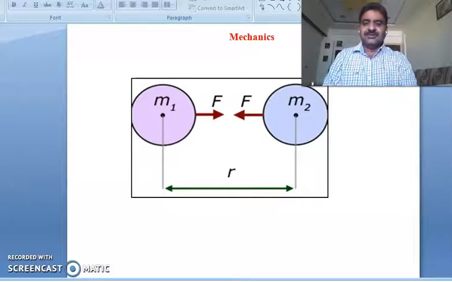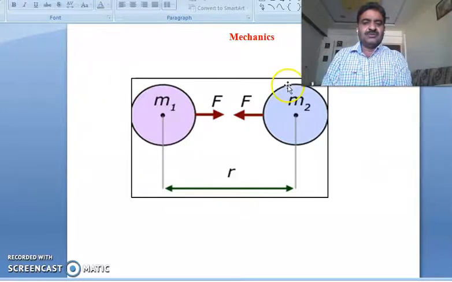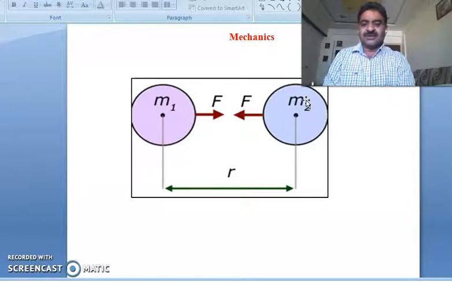I mean, the distance between their centers is small r, or in some books it is given as capital R, no problem. M1 is the mass of one object, and M2 is the mass of the other object. So these two bodies with masses M1 and M2 are separated by distance r.